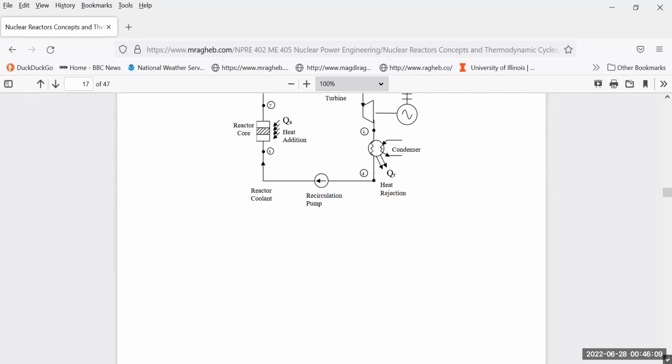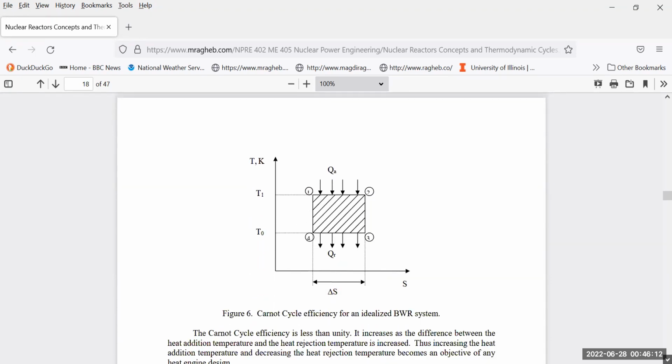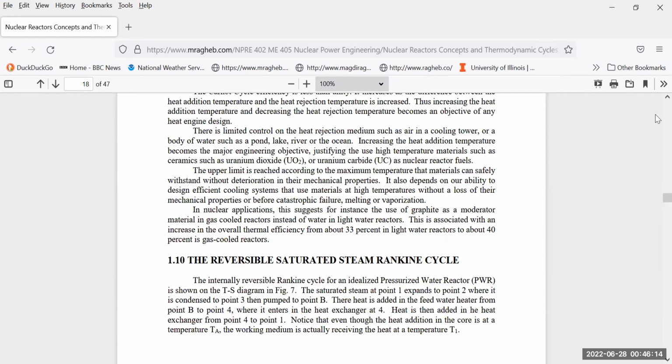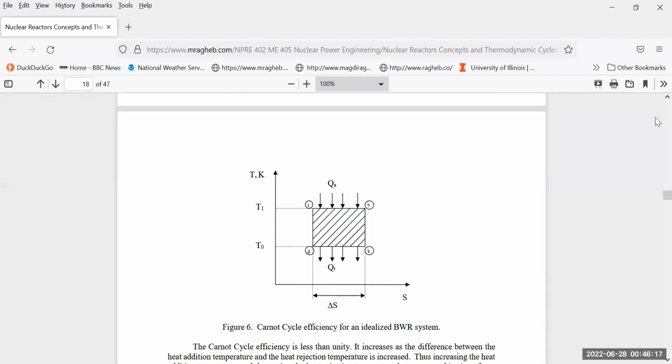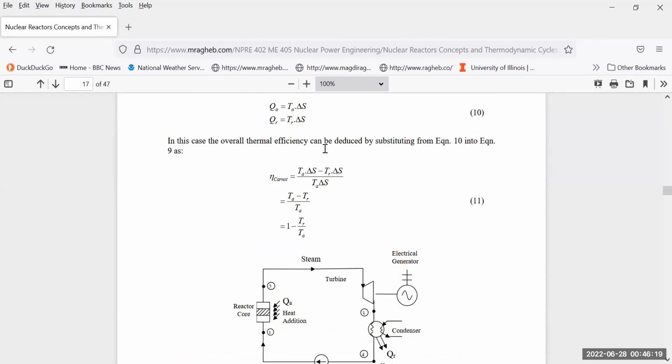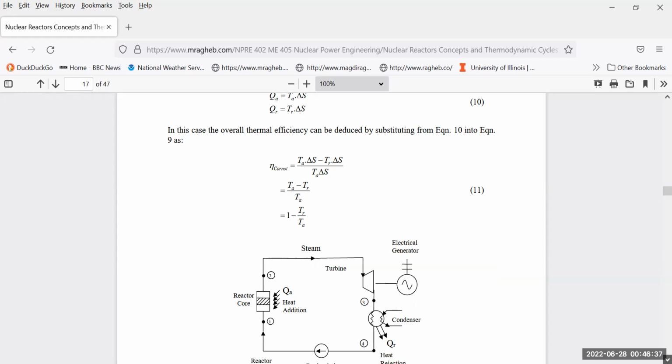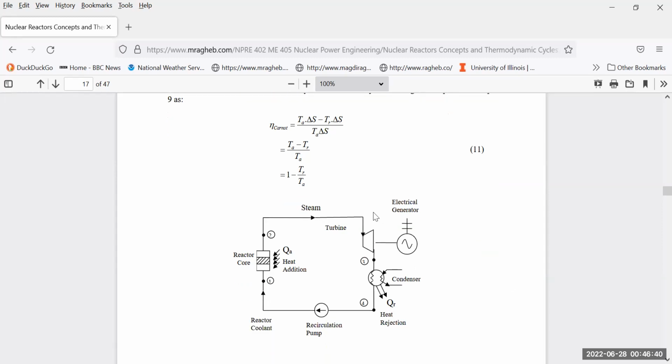If you apply the Carnot cycle efficiency equation, you'll find that it ends up with an efficiency. The heat that you add is T delta S. The heat you reject is T rejection delta S, divided into the heat addition. Delta S, delta S, delta S cancel. That is in the case of an ideal system where you don't have any inefficiencies, and in that case, it's the heat addition minus the heat rejection divided into the heat addition.